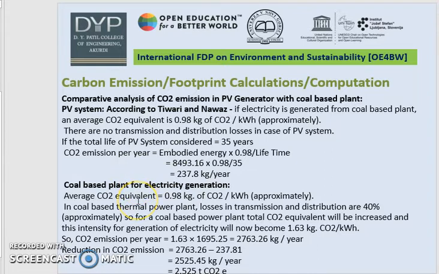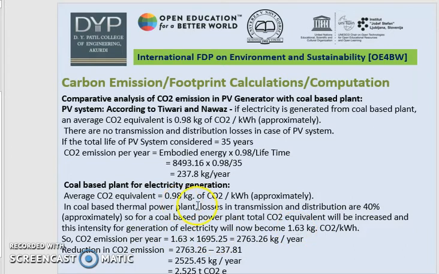Now we will calculate the CO2 emission per year for the coal-based plant. The average CO2 emission is approximately 0.98 kg of CO2. In a coal-based thermal power plant, the losses of transmission and distribution are 40%, whereas there are no transmission and distribution losses in the PV system. So this also we have to take into consideration. For a coal-based power plant, the total CO2 equivalent will increase, and the intensity for generation of electricity will now become 1.63.